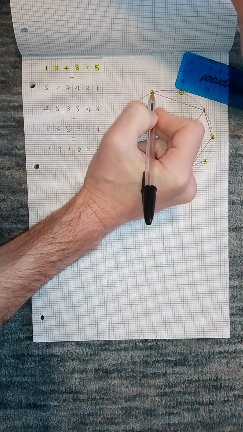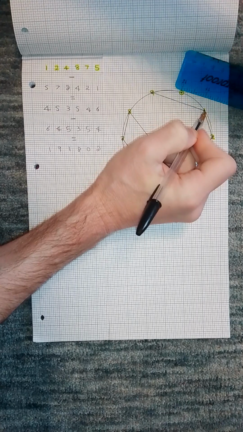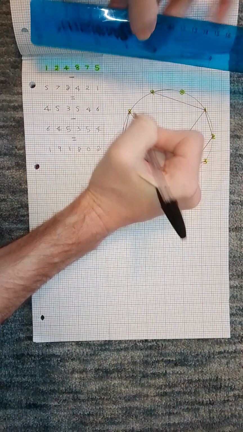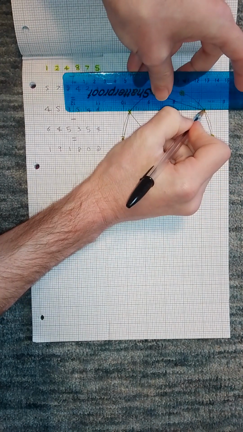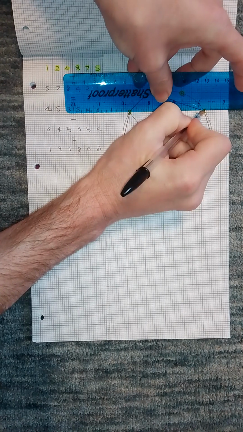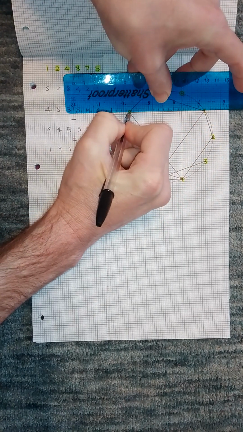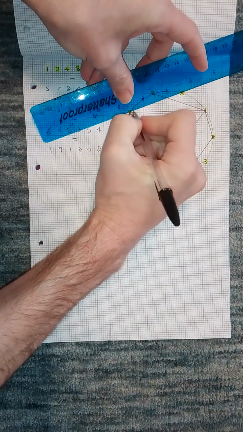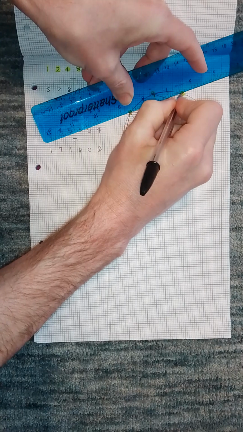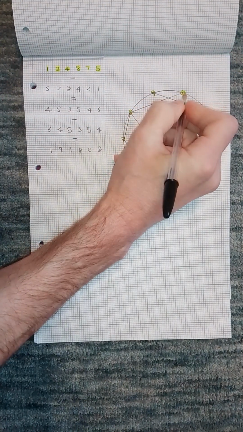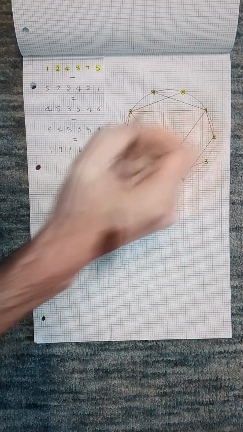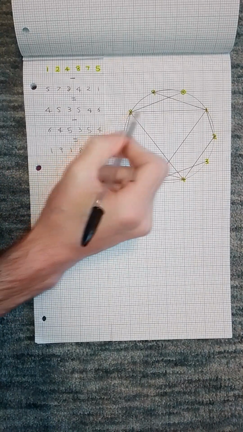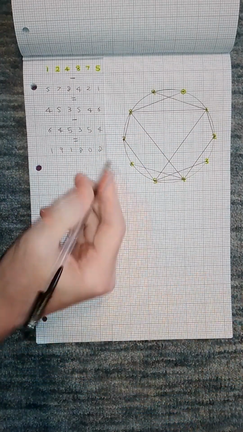So 1, 9, 1 goes back to the 1, 1 goes over to the 8, 8 goes to 0, 0 goes back to the 8, loop around, 8 goes to the 1. So that's that one drawn on.